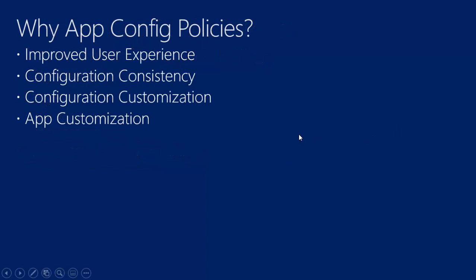So why app config policy? Well, it's all about trying to improve the user experience. Let's just take Outlook as an example. A user might install Outlook and open it up, and the first thing they need to do is provide settings to be able to get to Outlook. Usually it's just to sign in to Outlook, but there may be some other things that you're trying to have consistency for across your environment.